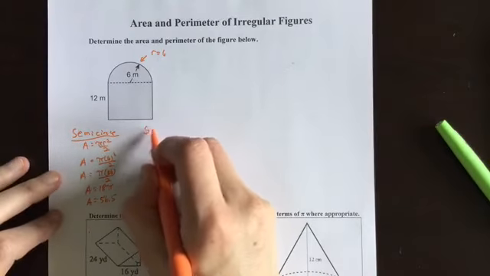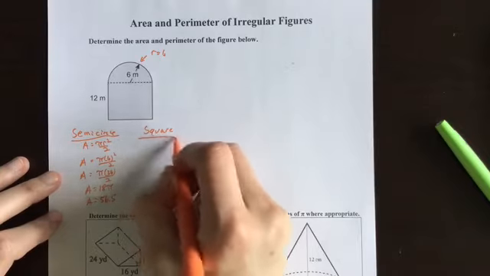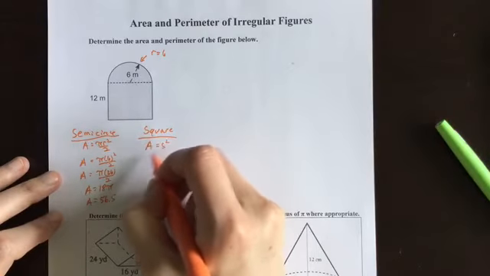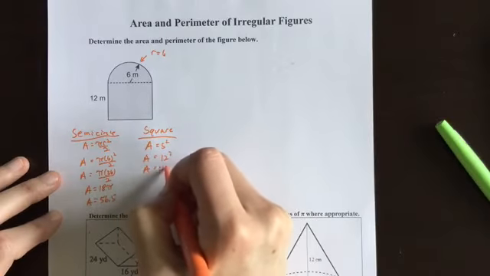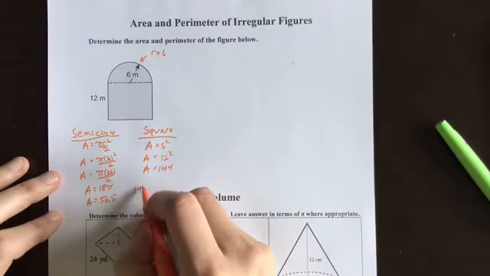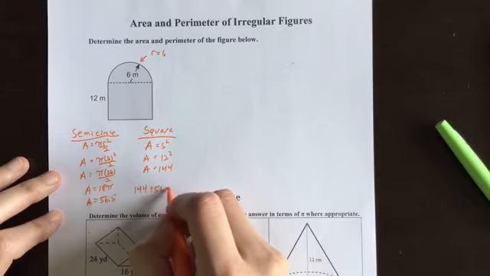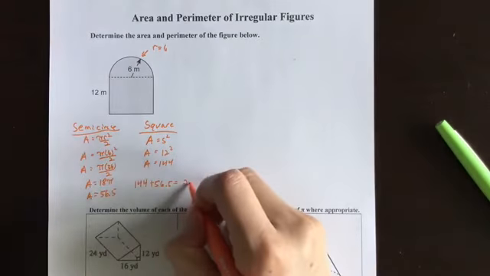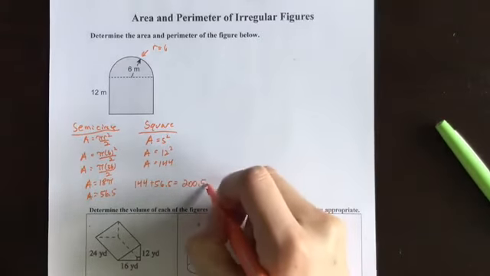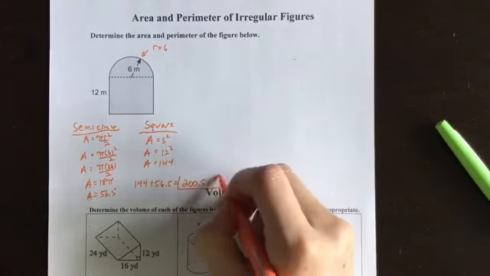And then let's find the area of our square. Area of a square is side squared. So that's going to be 12 squared, which is 144. And then we'll just find the total. 144 plus 56.5 is 200.5 meters squared. There's our area.